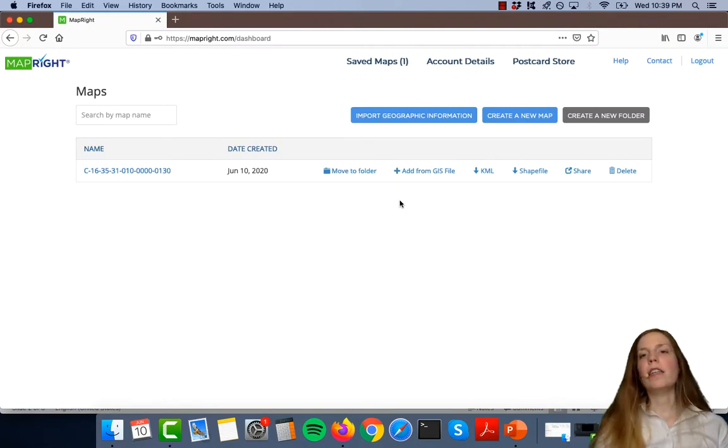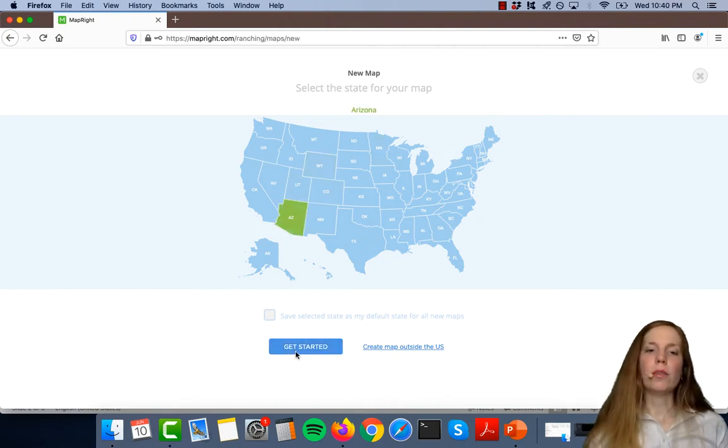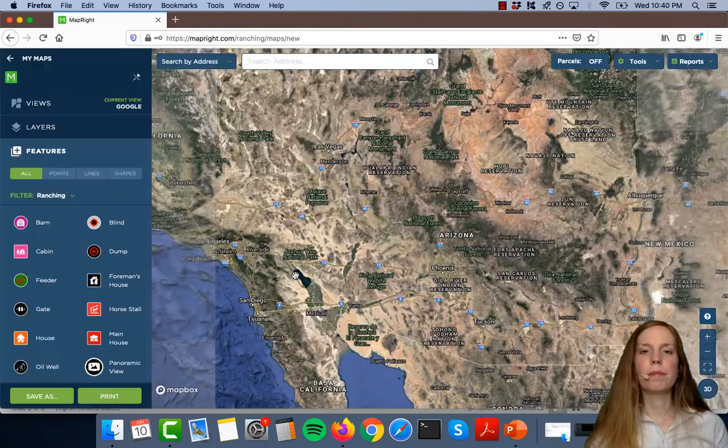All right, and then number 11 is an interesting little feature. I showed you that you could look up by address, parcel, or township section and range, but you can actually also look up by GPS coordinates if you happen to have the GPS coordinates and you don't have an APN number. So the way we do that is we'll get started again.